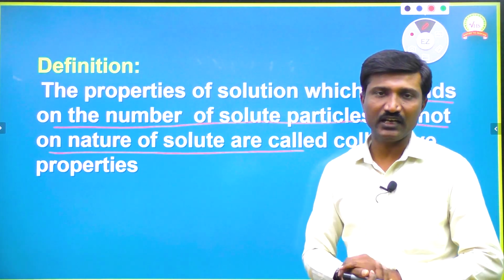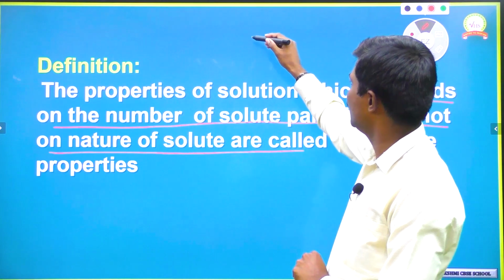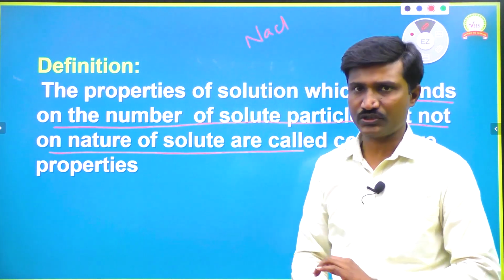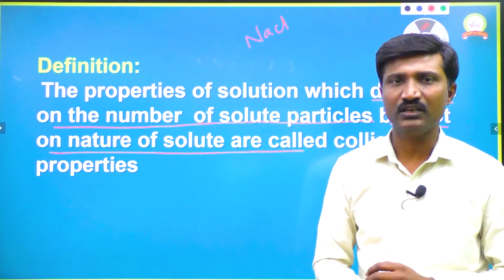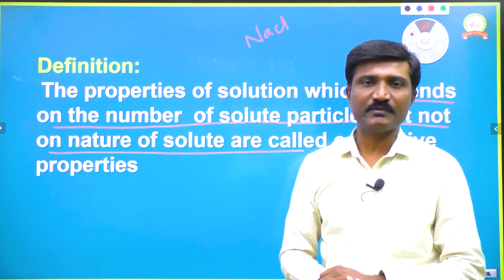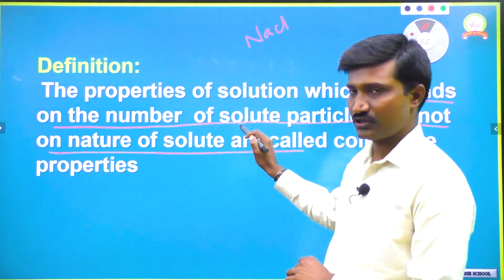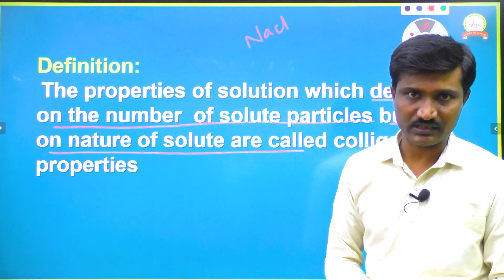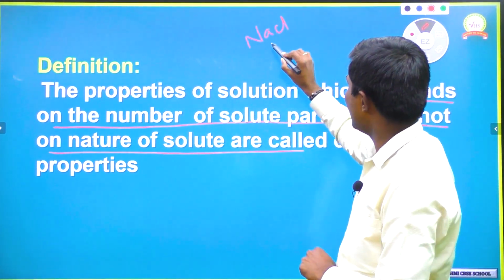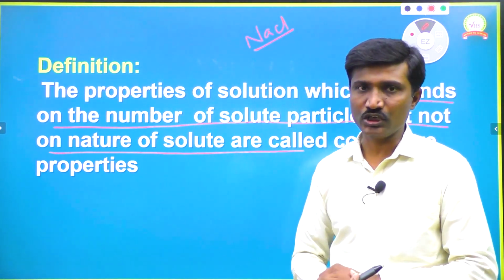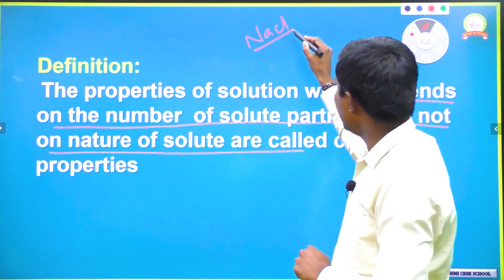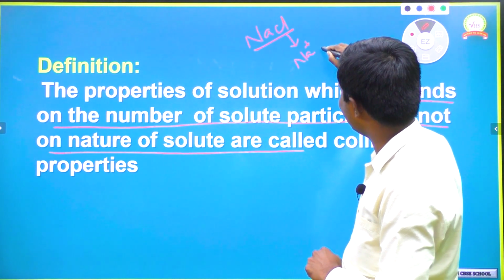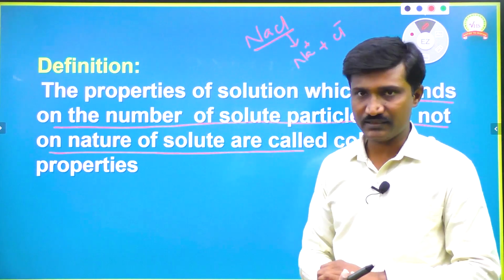Okay, what is the meaning of this? For example, if I am taking NaCl as a solute, solute means the substance present in a minor quantity in a solution, and the one present in a larger or excess quantity is called solvent. Here, NaCl as a solute, when dissolving in water, dissociates into Na plus and Cl minus.